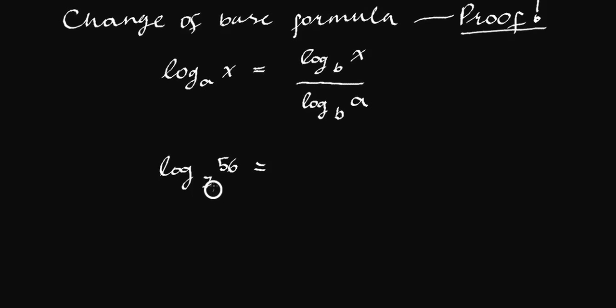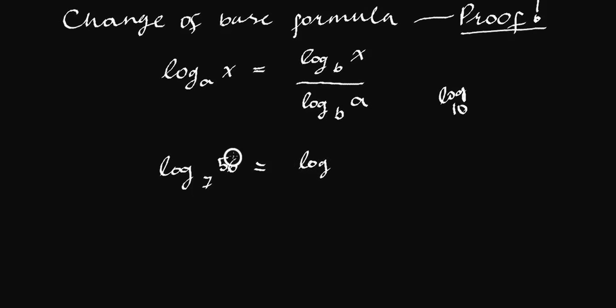So what this does is, you write your log, you pick the base you want. Since your calculator can calculate base 10, just log, right? Log is just base 10. You pick the base to be 10, or you don't write 10, you just write log. It's log and base 10, same thing.